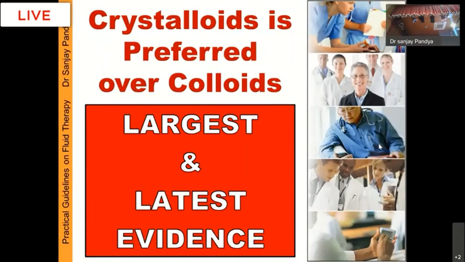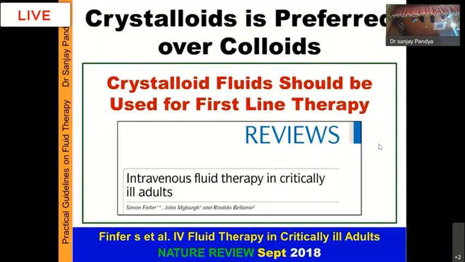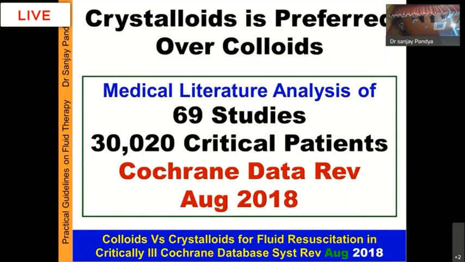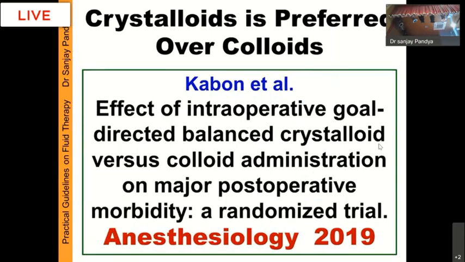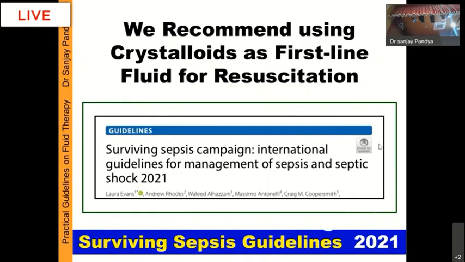What are the guidelines? There are many guidelines. Out of that, I'm not going to discuss much, but the Cochrane review said that crystalloid is preferred over colloid. The Anesthesia journal said the same thing. European guidelines say the same thing. And Surviving Sepsis Guidelines 2021 said that we recommend using crystalloid as first-line therapy for resuscitation.